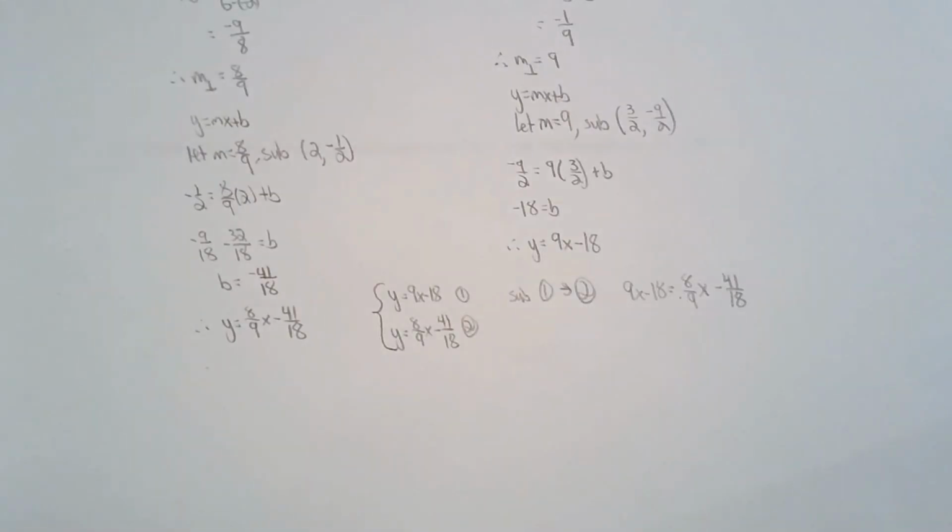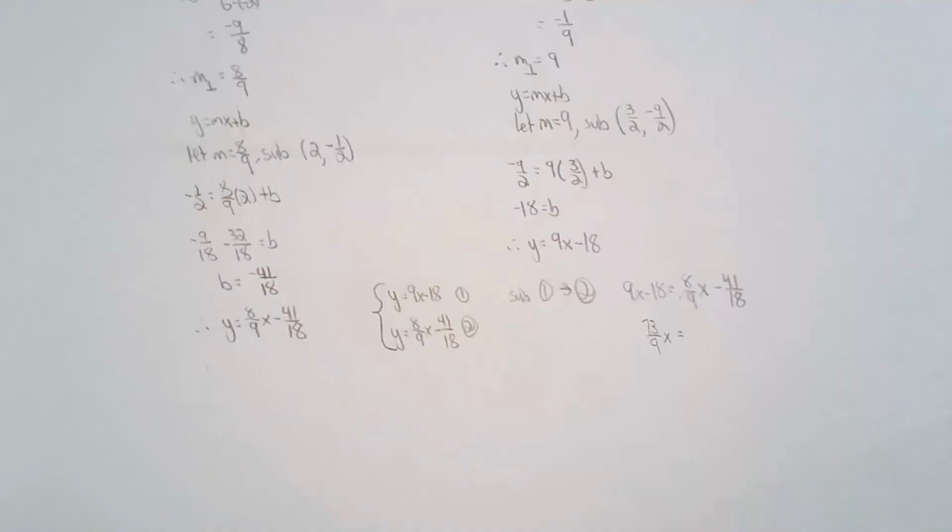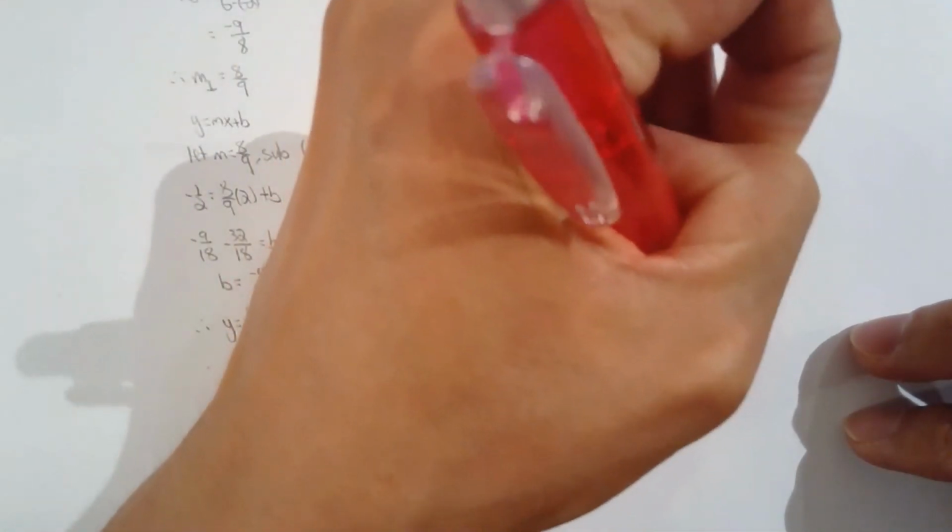Alright, so 9x minus 8/9 x. So 9 minus 8/9, that's 73/9 x. And then I'm going to do -41/18 plus 18. That's 283/18. Just let your calculator help you out here.